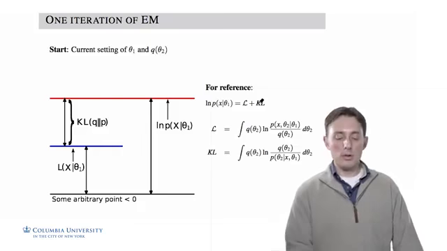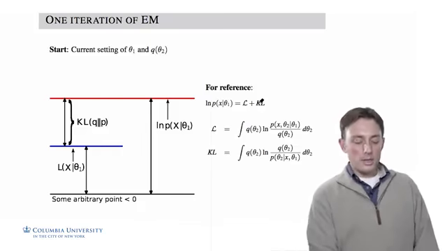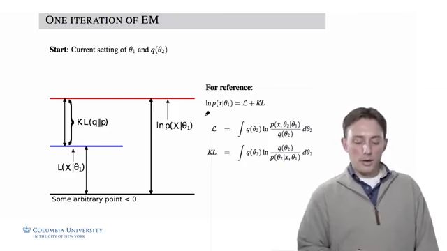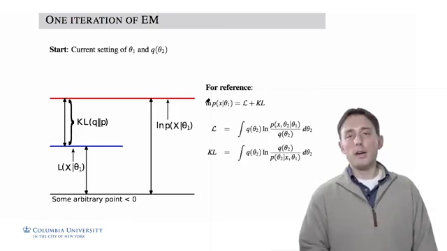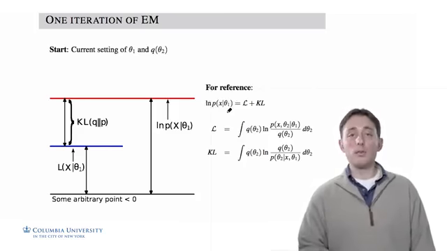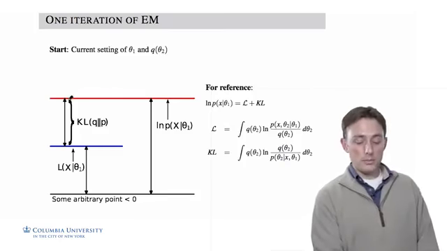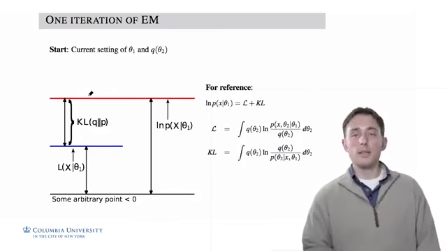So this is what we've already been working with. Now, this term has some particular value for a setting of theta 1. So imagine that we plug in a value for theta 1 here. It has some value which we're going to put here at this line.